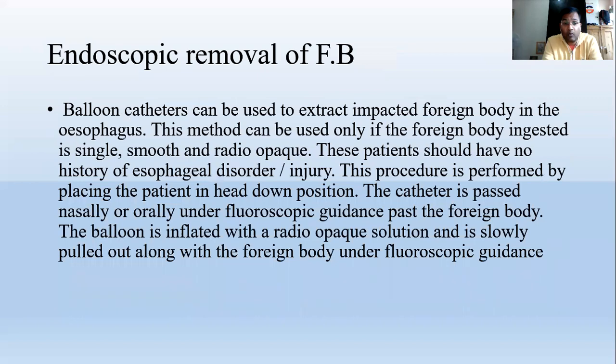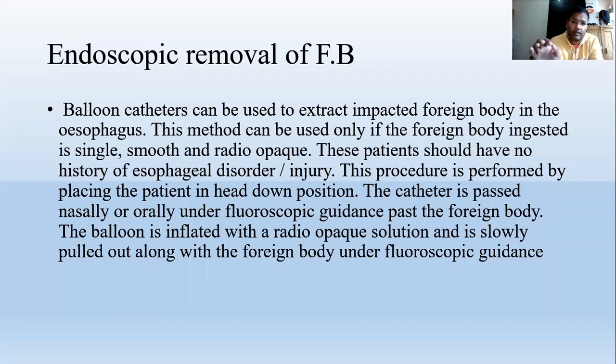Another method is the balloon endoscope for removal. It is important when you find an object which is radio-opaque and single and is stuck in the esophagus. You insert a catheter which has a balloon at the end.